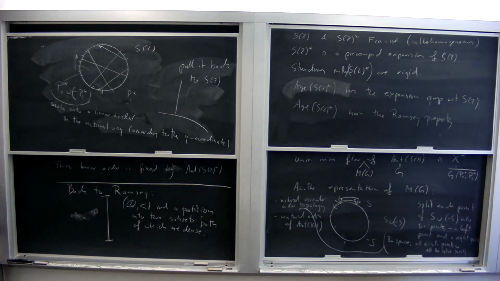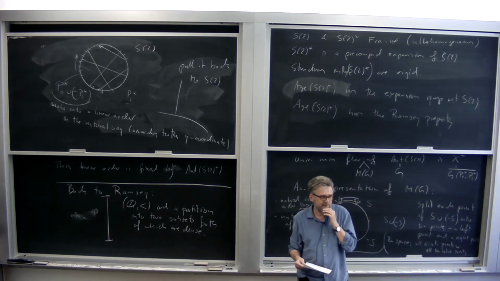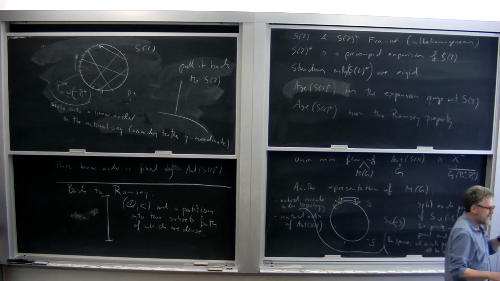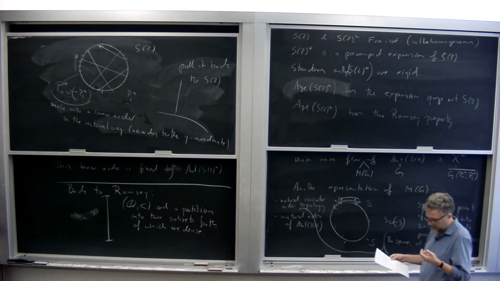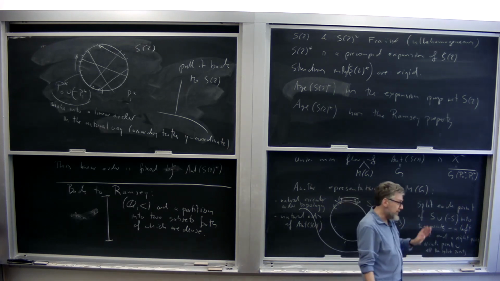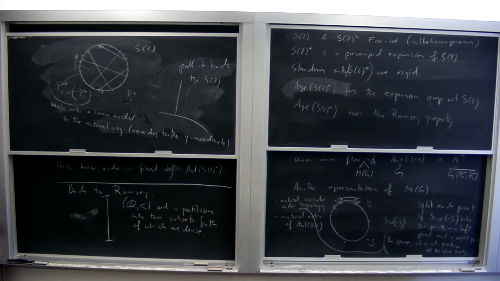I think I wanted to do one more. I stated Andy Zucker's theorem that says that if I have a Fraïssé structure F, the universal minimal flow of its automorphism group is second countable if and only if each element of the age of F has finite Ramsey degree.